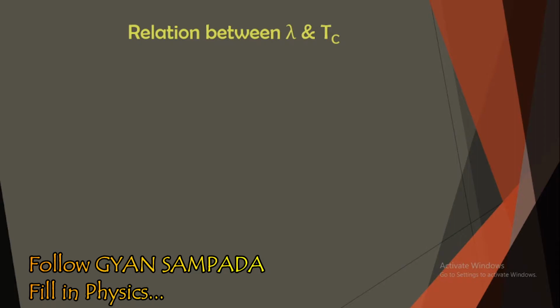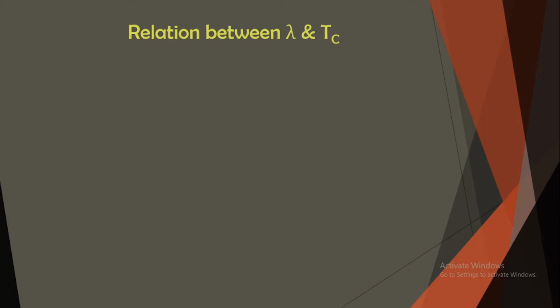which is taken as lambda, and the Curie temperature, which is the transition temperature Tc. According to the quantum theory of paramagnetism, we saw that magnetization M is equal to N g mu_B tanh of x, where x is a function of temperature.